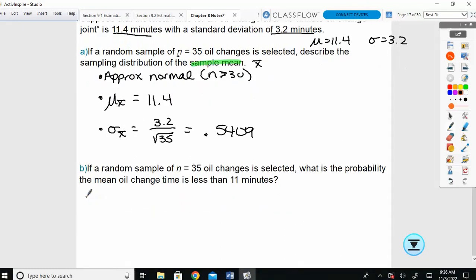So part B, I want the probability that the mean, so that mean is X bar, is less than 11. So change it to a Z. So 11 minus my mean divided by my standard deviation.